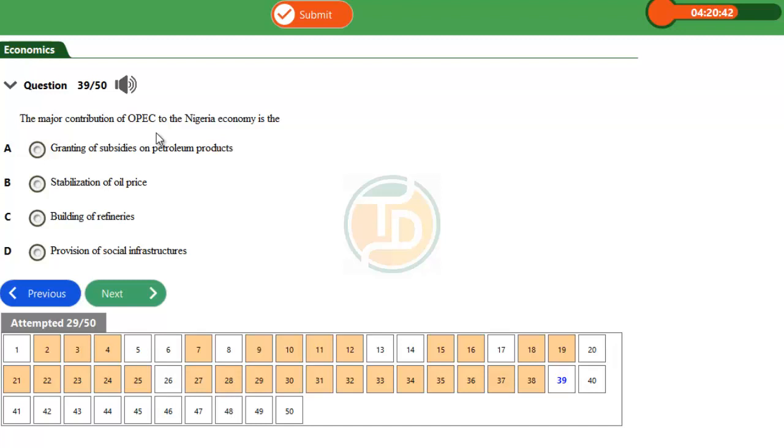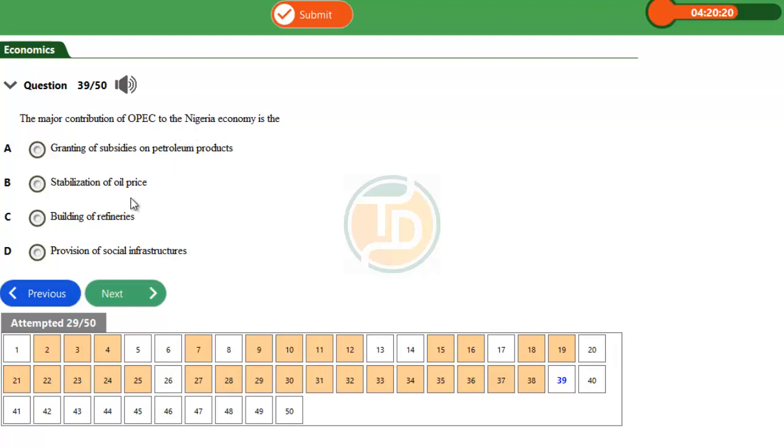OPEC was set up by some founding members, including Iraq, Iran and Venezuela, and Nigeria joined as the 8th member years ago.